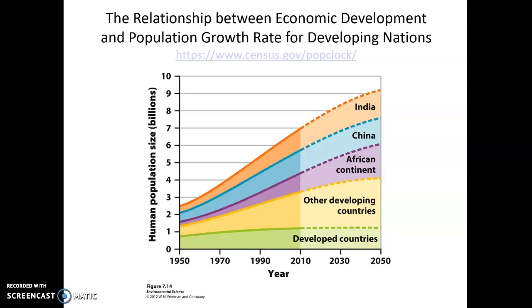And what you will find is that many of the predictions, you can compare them to the predictions here as to how large the population will grow over time. Okay, and that will give you a good sense of it. So the more developed a country becomes, usually the population growth rate will start to decrease.